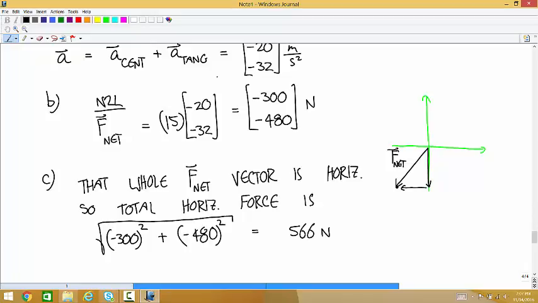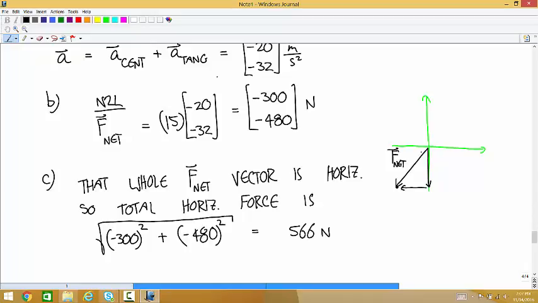What that net force does is it makes things change. Things with no net force continue on the path they're on in a straight line with a constant speed. That's what happens if there's no net force. The velocity is constant.